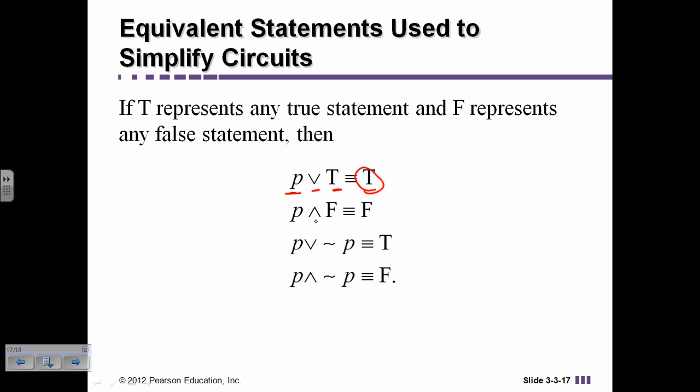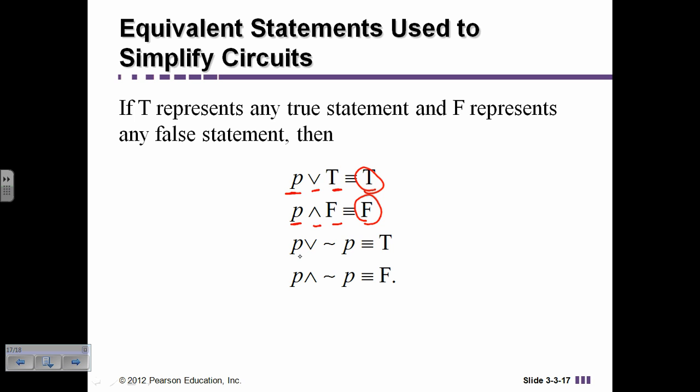The same thing with and. If either part of the statement is false, then the result will be false. So in this situation, no matter what P is, whether it's a true or false statement, because of the and symbolism, since the second part is false, the result has to be false. The same thing on this part.